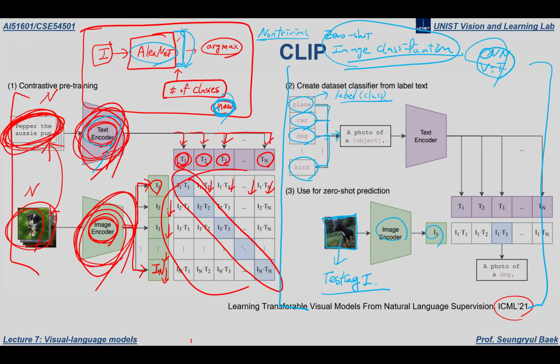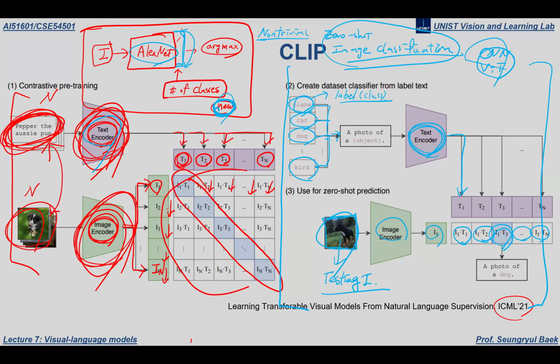So we have the class information in the form of text. We feed those class texts to the text encoder, measure their similarity, and find the text that has the maximum similarity as the class for this image, okay?